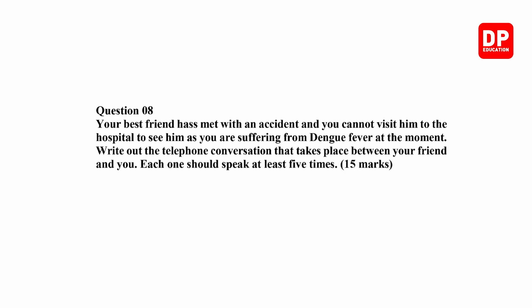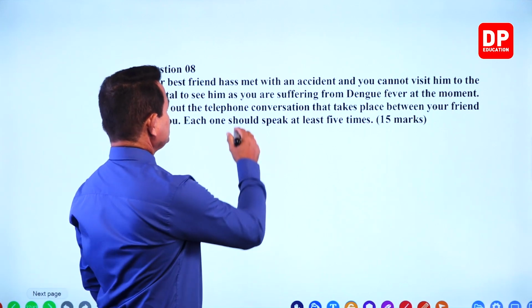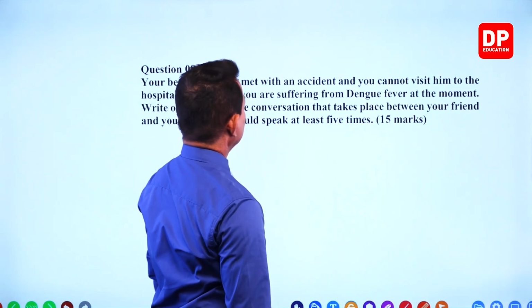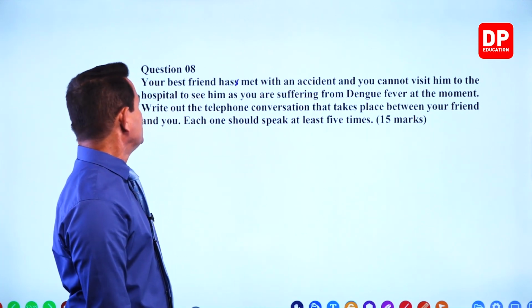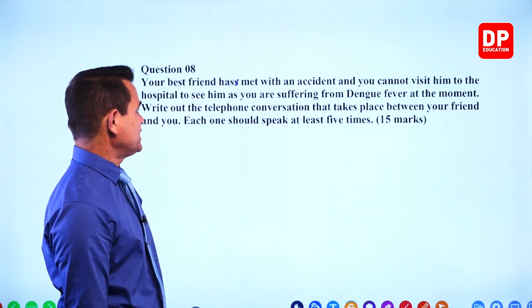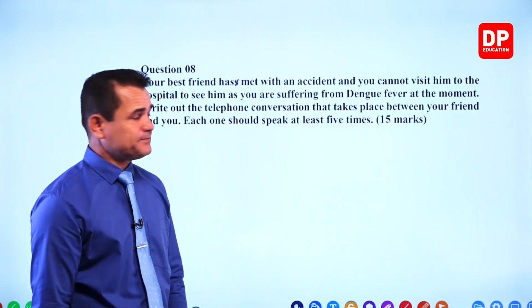The next question from dialogues: your best friend has met with an accident and you cannot visit him in the hospital to see him as you are suffering from dengue fever at the moment.